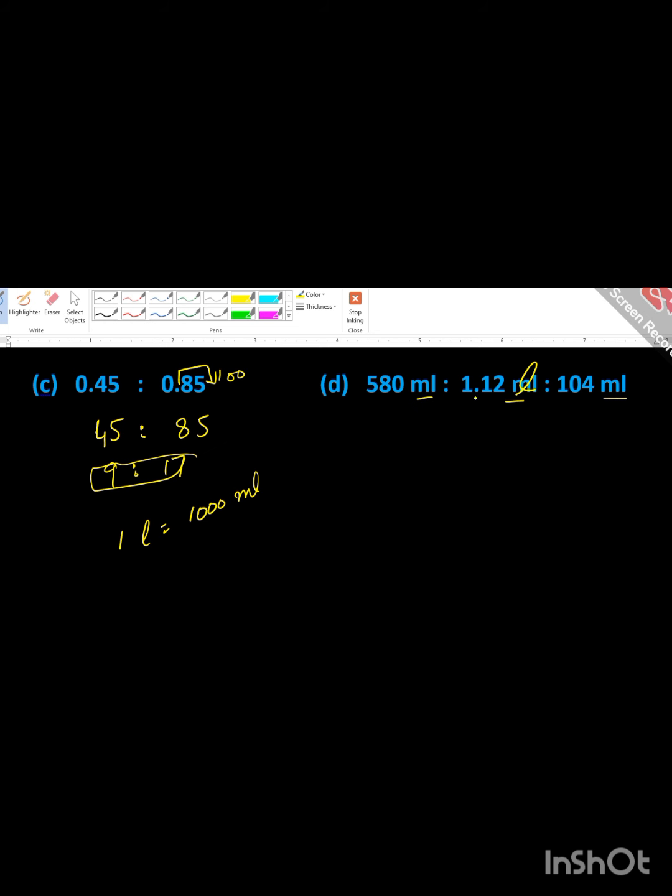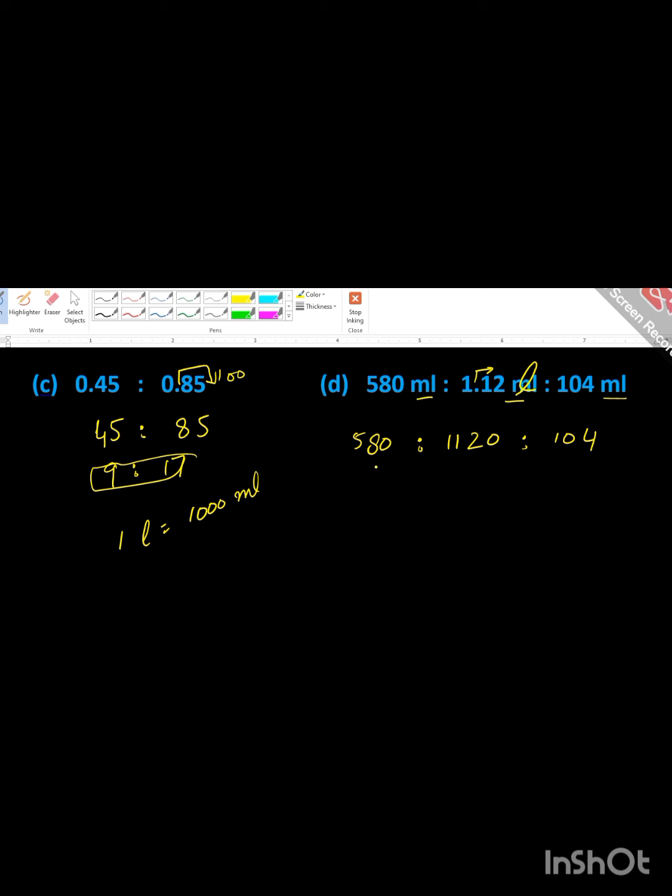Means we have to multiply with 1000, and when you multiply with 1000, this decimal we move three digits to the right side. So we will get 580 ratio 1120 ratio 104.